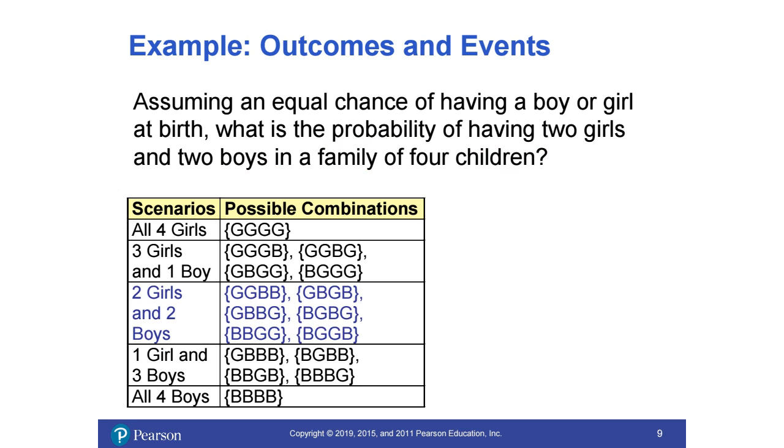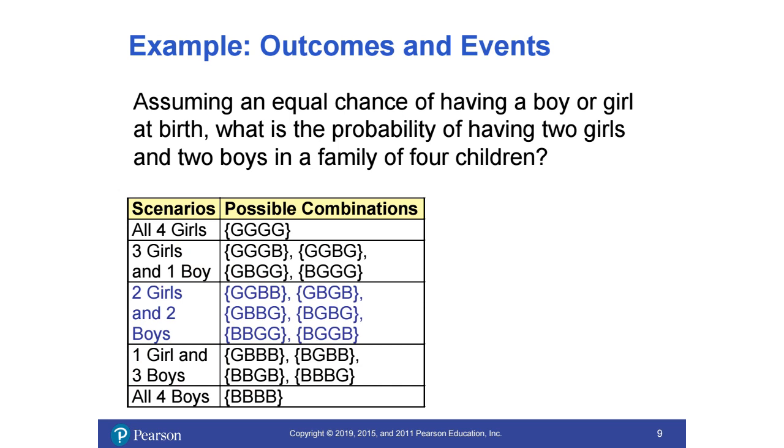So, notice that we have all of the different outcomes listed out. The family could have girl, girl, girl, girl, which the event would be 4 girls. The family could have boy, boy, boy, boy, where the event would be all boys. And then we could have 3 girls and 1 boy in these ways, 2 girls and 2 boys these ways, 1 girl and 3 boys like this.